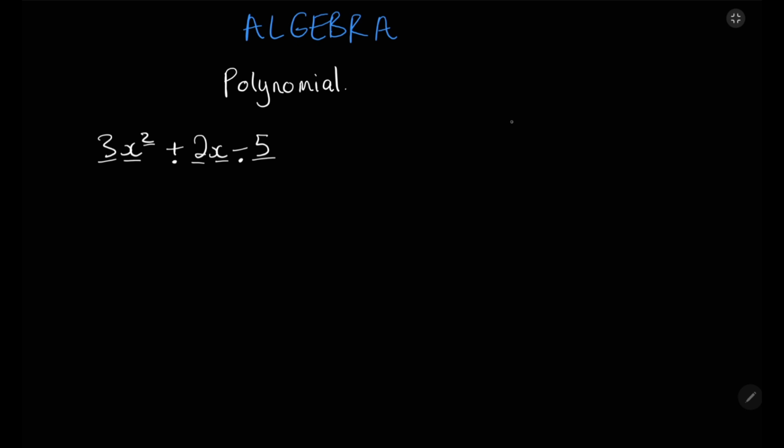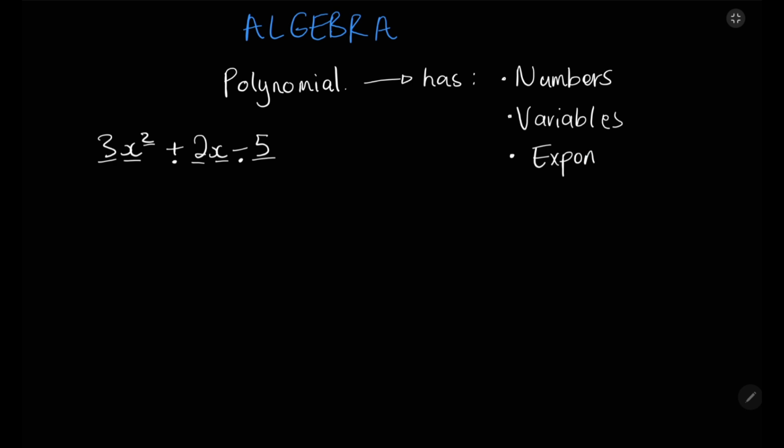I can write this for you guys on the side. A polynomial has numbers, variables, exponents, or let me actually say powers, okay?